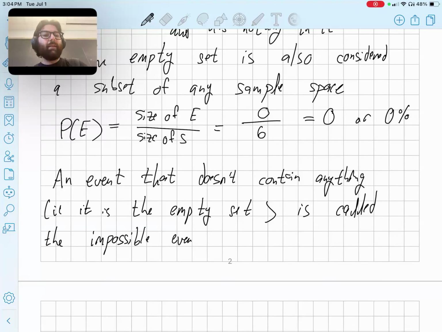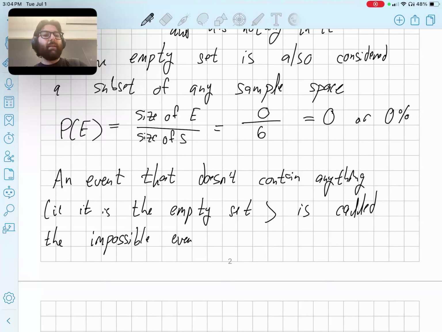And it's called the impossible event because its probability is always 0. Okay, and so it will come in handy to have these events on hand.